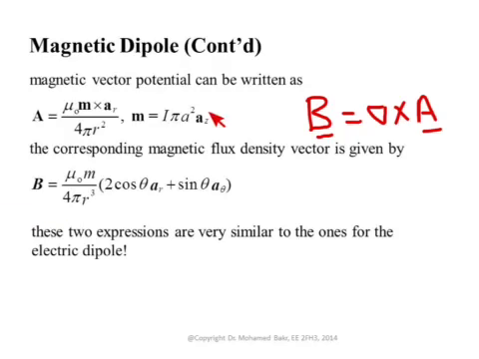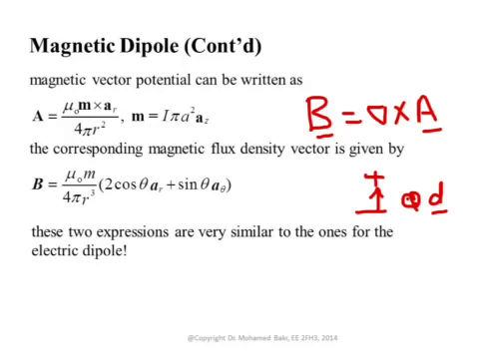Now, if you compare this one and this one to the expression of the electric dipole, we talked about electric dipole when we talked about electrostatics. We agreed if you have a positive and negative charge, there is something called the electric dipole, and we said it's equal to the charge Q multiplied by the separation between them. If you compare the expression for the scalar potential that we got for this dipole, and the electric field, you see they are almost identical to these two expressions.